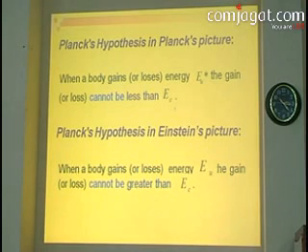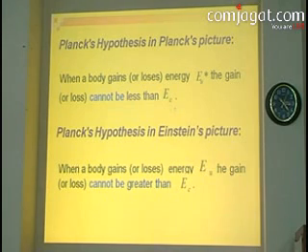And we did it in terms of a higher quantity which has a lower limit. When you gain or lose this energy E star, the gain or loss cannot be less than Ec. This is Planck's lower limit. Planck's hypothesis in Einstein's picture can invert it and be expressed by the reciprocal energy.